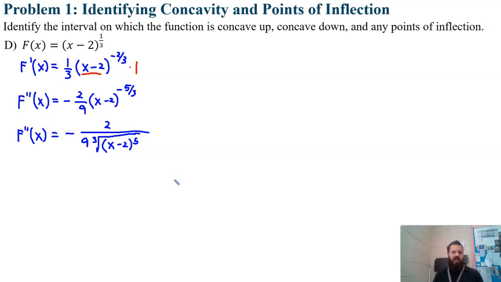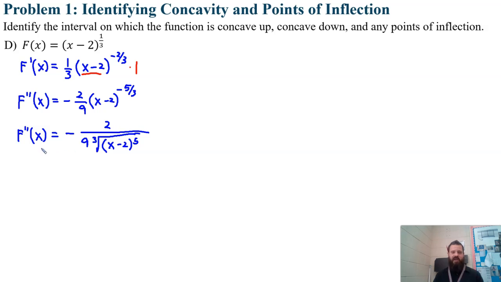Now, when looking for where the concavity flips over, and then also where potential points of inflections are, two things we want to look for. Number one, we want to figure out where that second derivative is equal to 0. Now in this case, since we have a fraction, the zeros are going to come from the numerator. With this 2 here, there's not any x values that are going to make this 0.